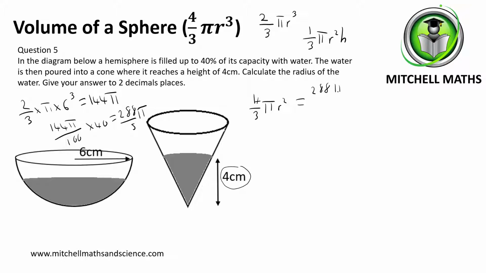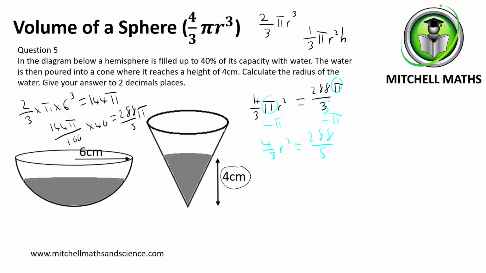288 pi over 3. And the first thing I'm going to do with this is get rid of our pi's by dividing by pi. That gives me 4 over 3 r squared equals 288. Sorry, it's over 5, isn't it? Over 5.